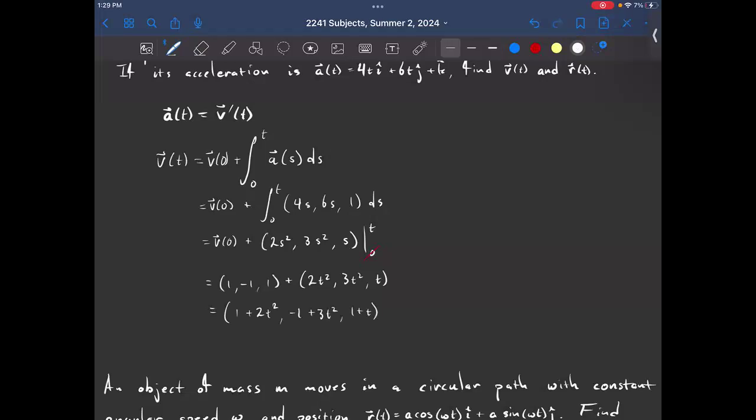All right, so there's our velocity vector. Next, we need our position vector. And yet again, we know that the velocity is the derivative of the position. And so to find the position as a function of time, we do the same trick. We integrate from 0 to t.